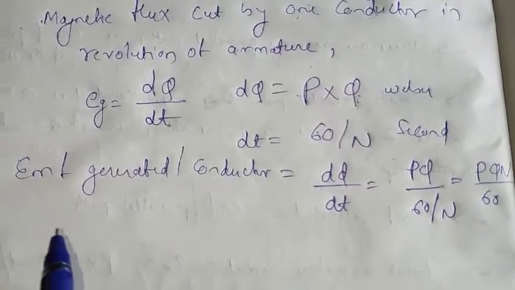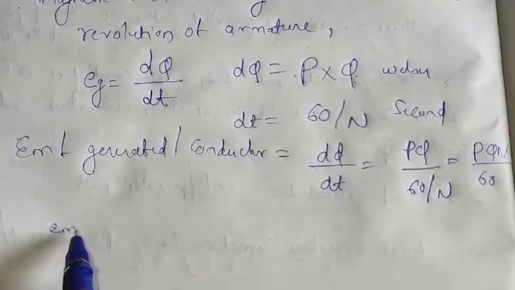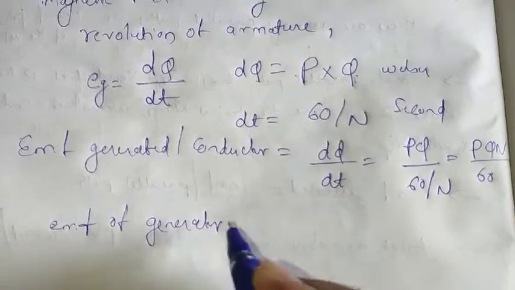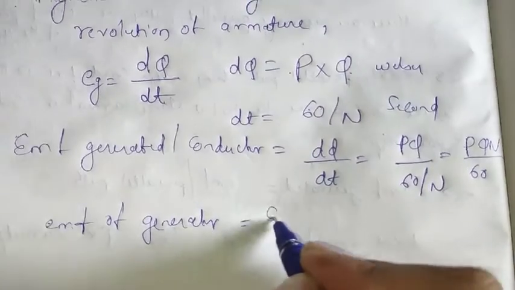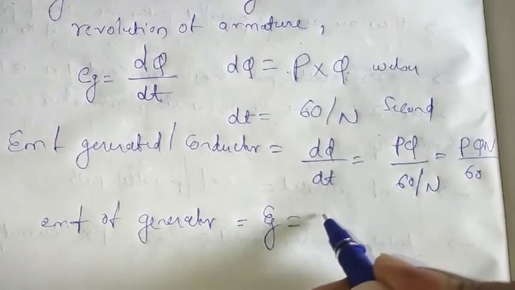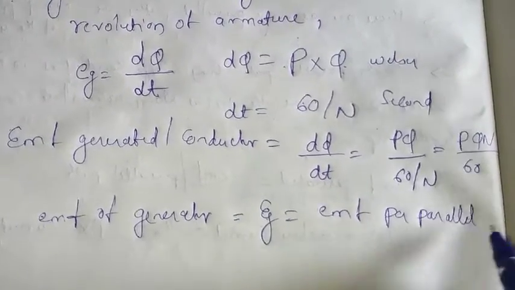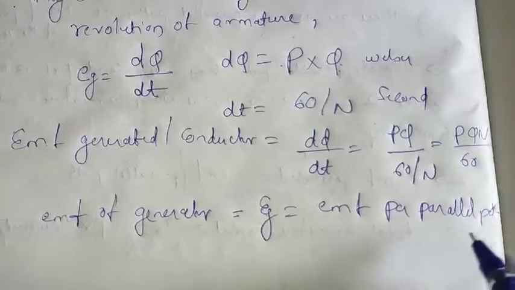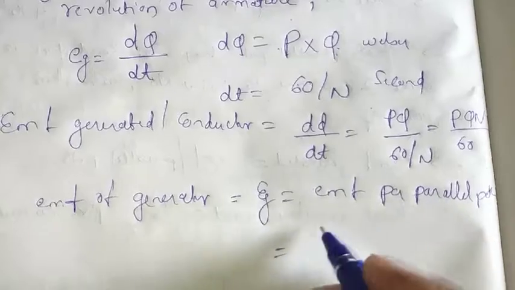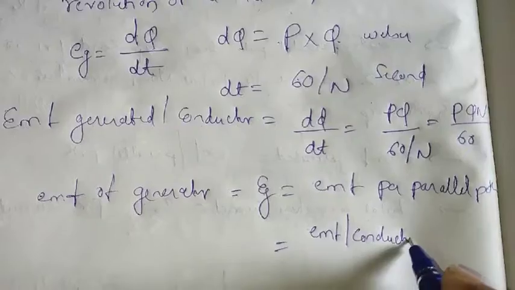But in the DC machine we have a number of parallel paths. That's why the EMF of the generator will be equal to Eg, where G means generator and E is the EMF. So Eg is equal to the EMF per parallel path. First I will take the EMF per conductor, because already we have done this.